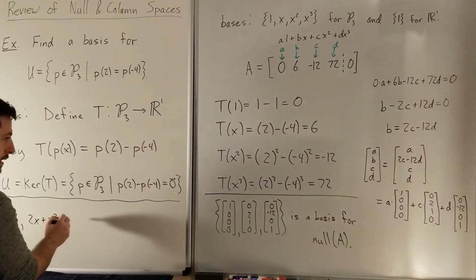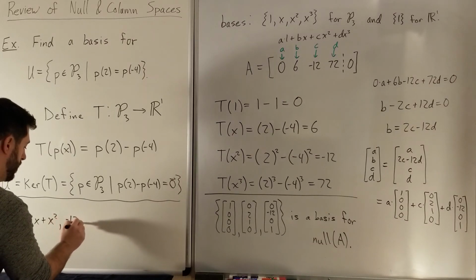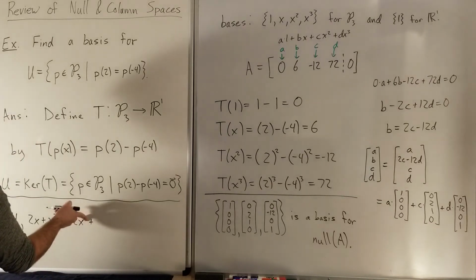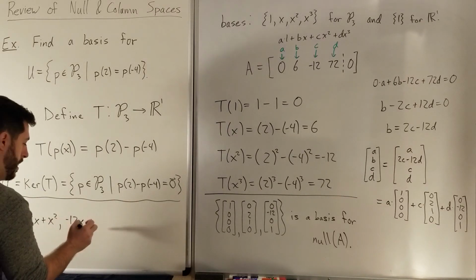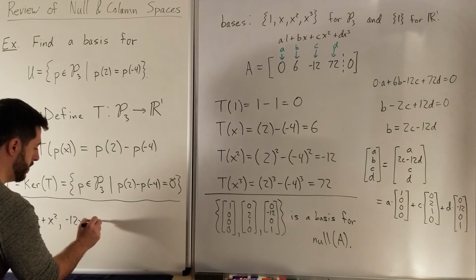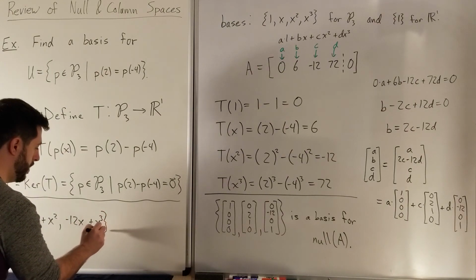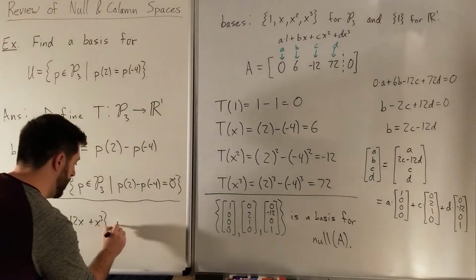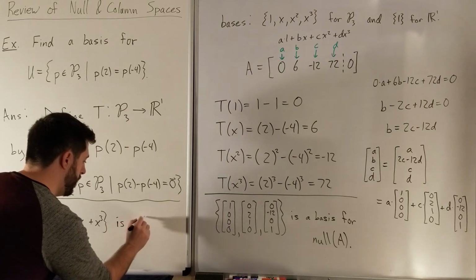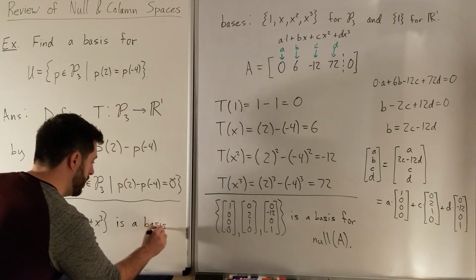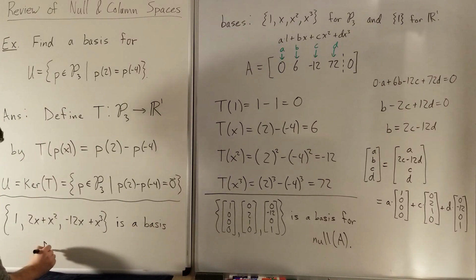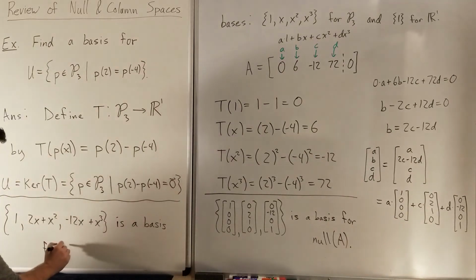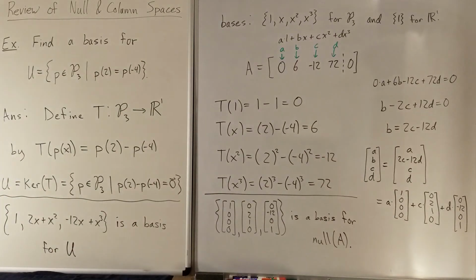And the third vector is negative 12x plus x cubed. Okay, so this is now a basis for the kernel of T, which is the same thing as U. And we've now answered the question.